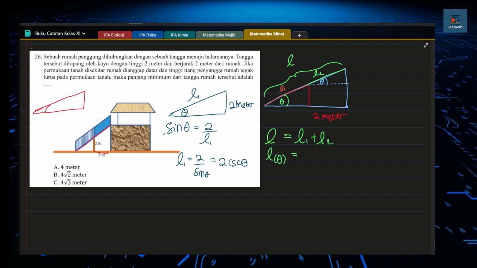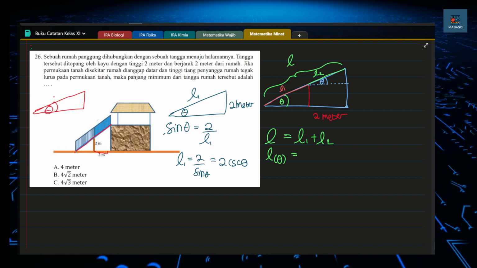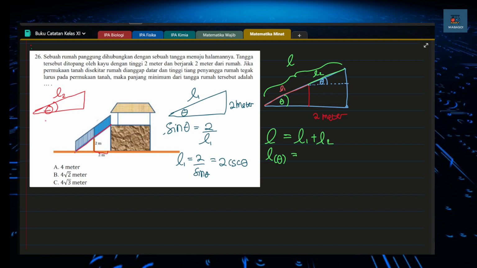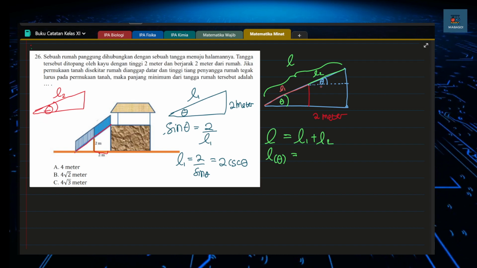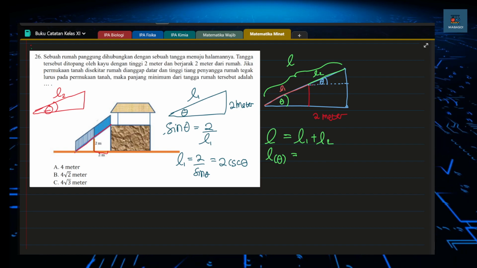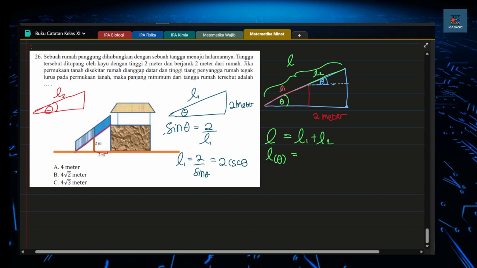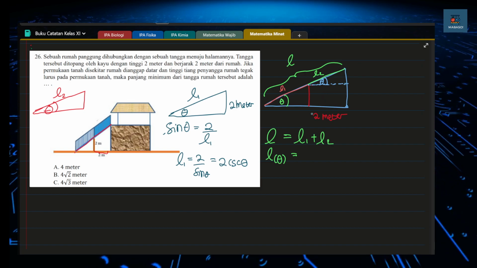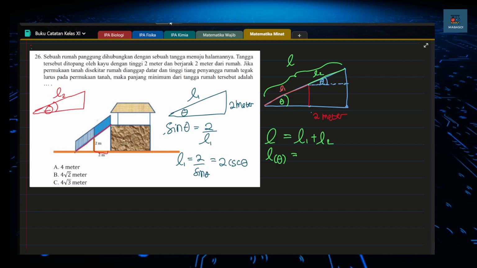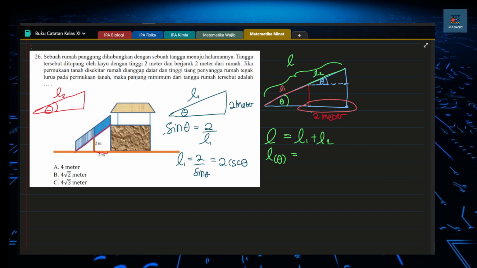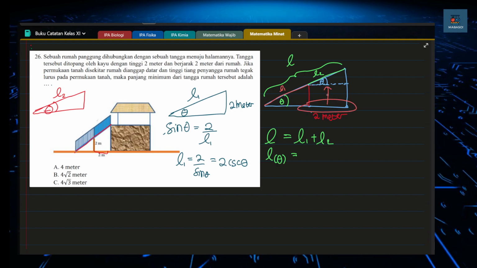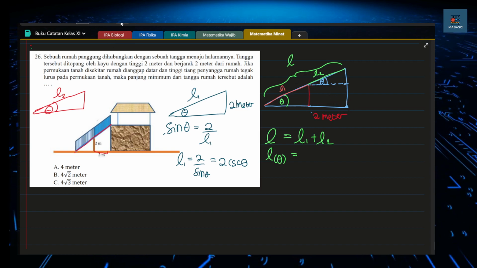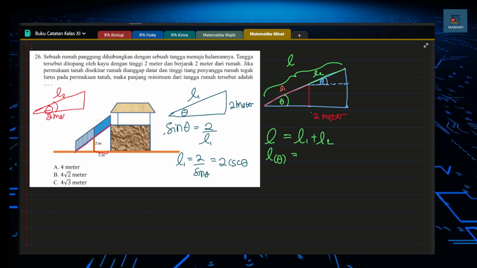Now, since this was theta, with this L2 and the auxiliary lines that I made earlier, the length of this would be equal to 2 meters, because basically I'm just projecting these lines to the upper side. So it would be 2 meters too.